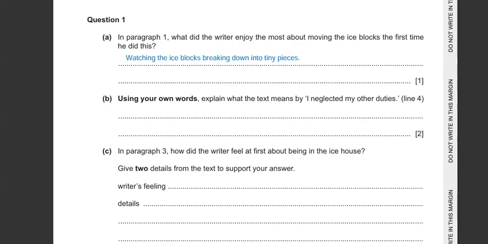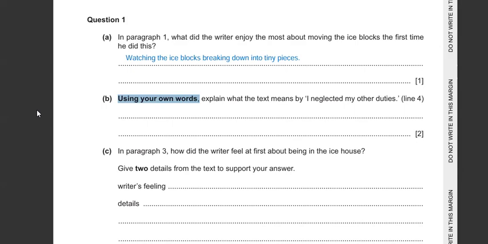Okay, so the next question is from line number 4. One thing that you can see is that at the beginning of the question, the command "using your own words" has been given to you in bold letters. This means that this is a restriction to this question.